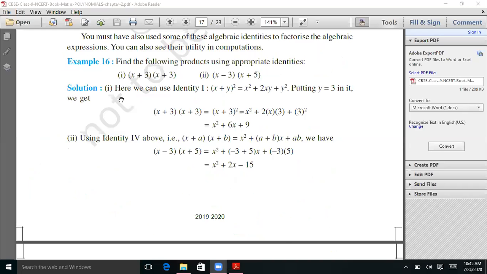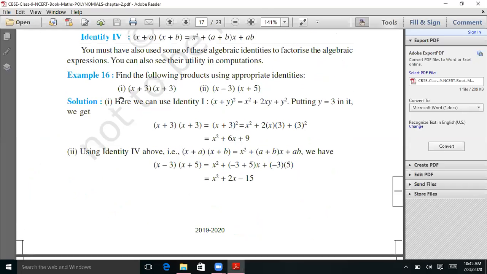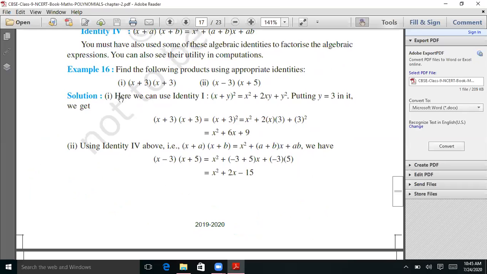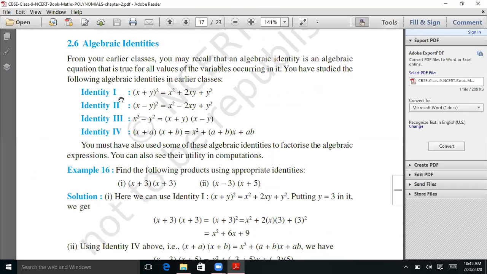So here the next one is (x minus 3) into (x plus 5). So which identity we will use here? We have four identities here. If we have same numbers multiplied to same, then we take whole square. If there is minus, then we take (x minus y) whole square. If there is one positive, one negative, we take x square minus y square.